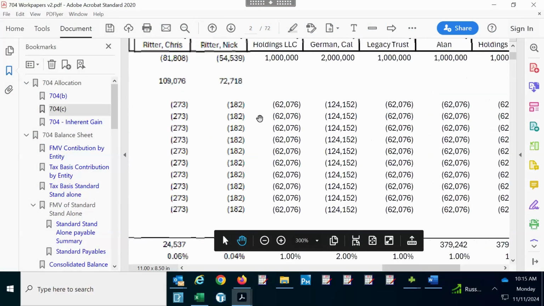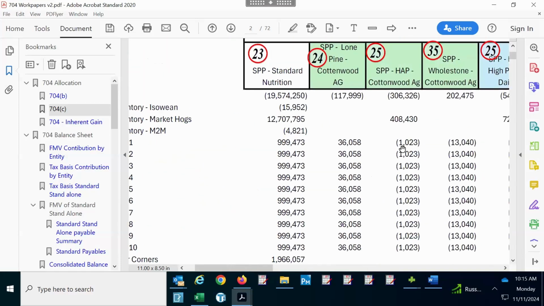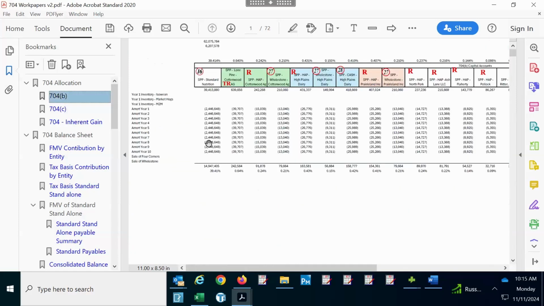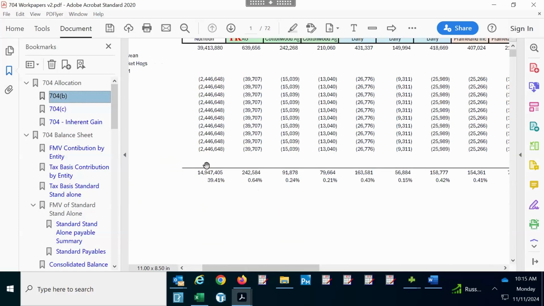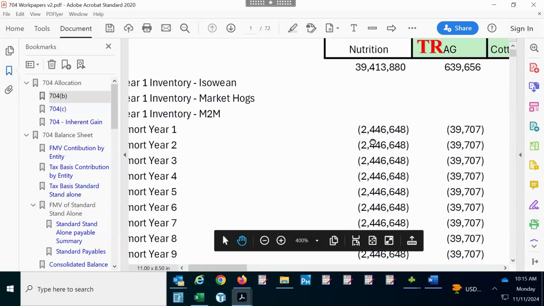Okay. How much depreciation is Standard getting? Negative $1 million-ish. Negative $1 million. Okay. And on a fair value basis, how much are they getting? They're 39.4 share, so 2.4. Yeah.